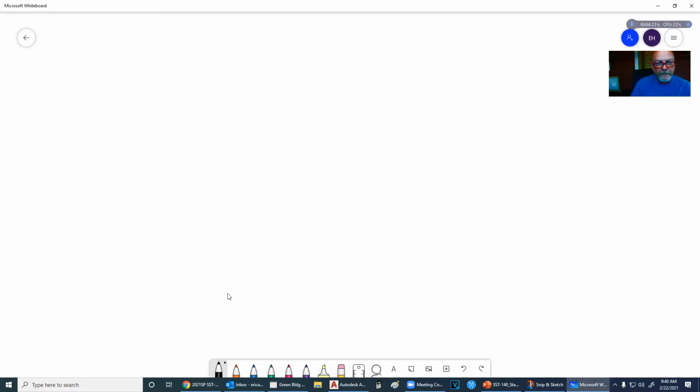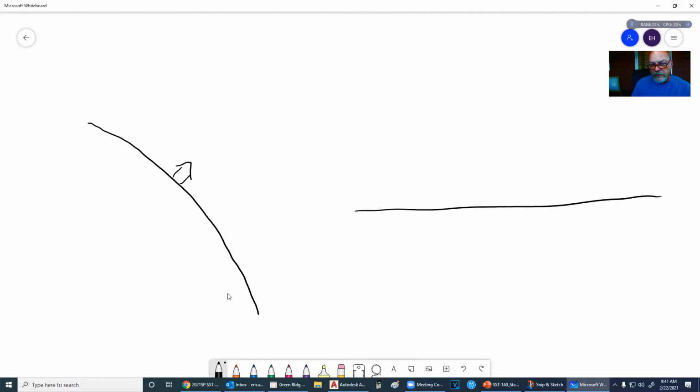So because of the Earth's curvature and where you are in relationship to that, here in North Carolina, Western North Carolina, we're about 35.7 degrees. That's the latitude.